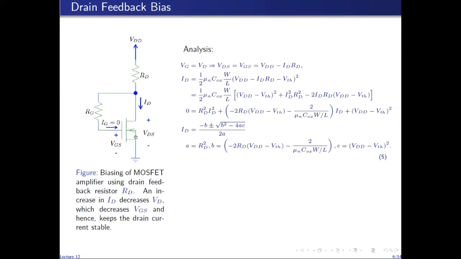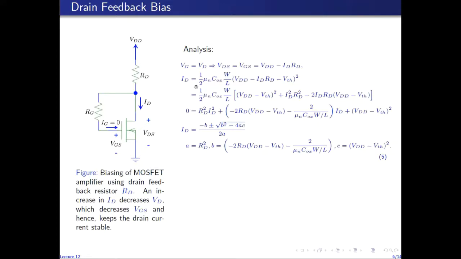So an increase in ID will decrease VGS, and because ID has quadratic dependence on VGS in the saturation mode, a decrease in VGS will decrease ID. So in this circuit, the negative feedback is provided by the drain resistance. That is why it is called drain feedback bias. This negative feedback helps in maintaining a stable drain current, and as a result, it helps in maintaining a stable bias point.